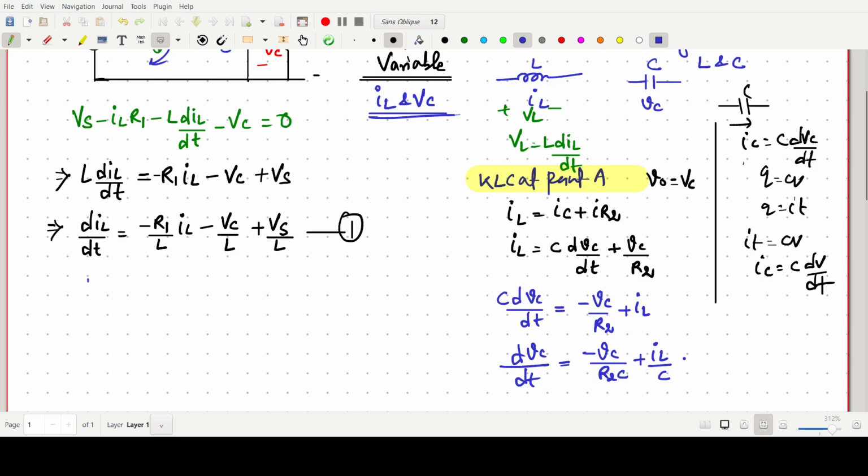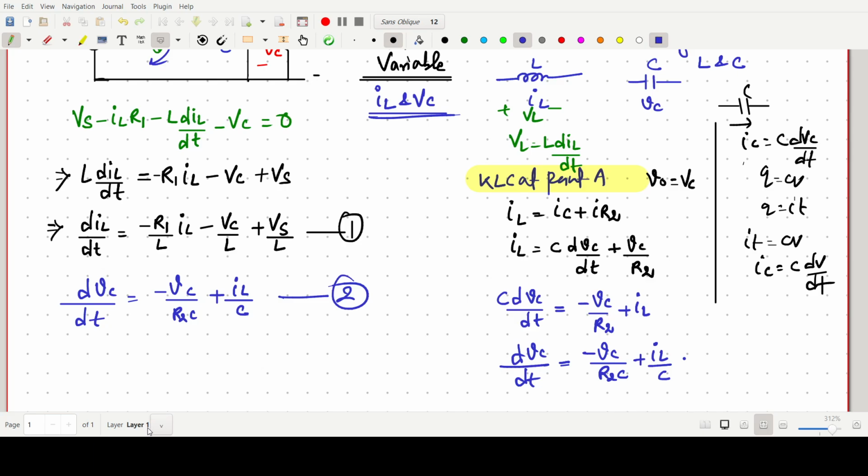So here I am writing the second equation, a state equation, dVc by dt equals to minus Vc by R2C plus IL by C. Say this one is our equation number 2.